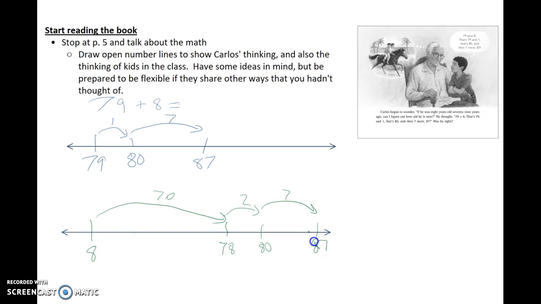You can't really predict what the ways are that they're going to have to explain it, but try as much as you can to really listen to what the kids are saying, and try and document their ideas. It can be easy to have an idea in your mind of what you think the answer is going to be that the kids are going to give, and then really just want the kids to do that.